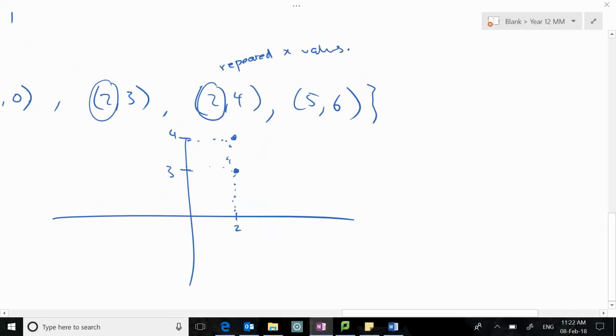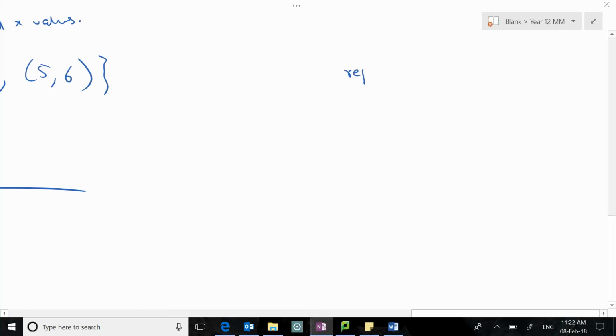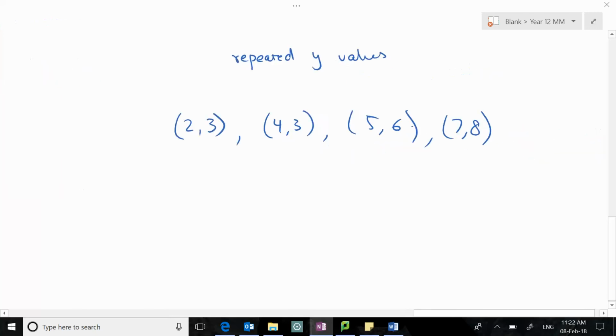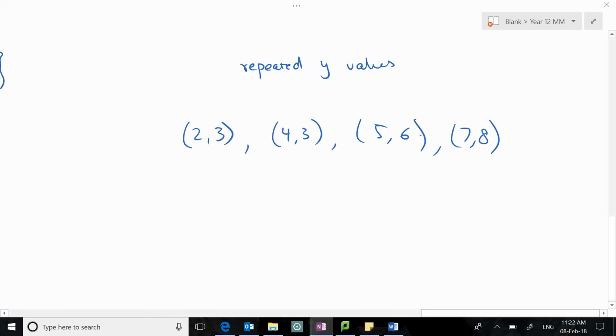So repeated y values, if you have a set, let's say you had 2, 3, 4, 3, 5, 6, or 7, 8. Let's say those are my groups. Then the 2, 3 and the 4, 3 could be either a many to one or a many to many, because it depends on what we're talking about here.